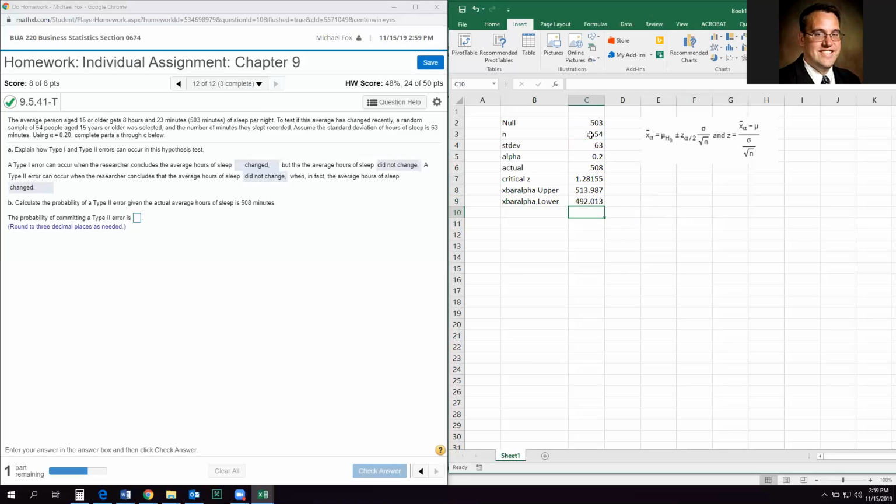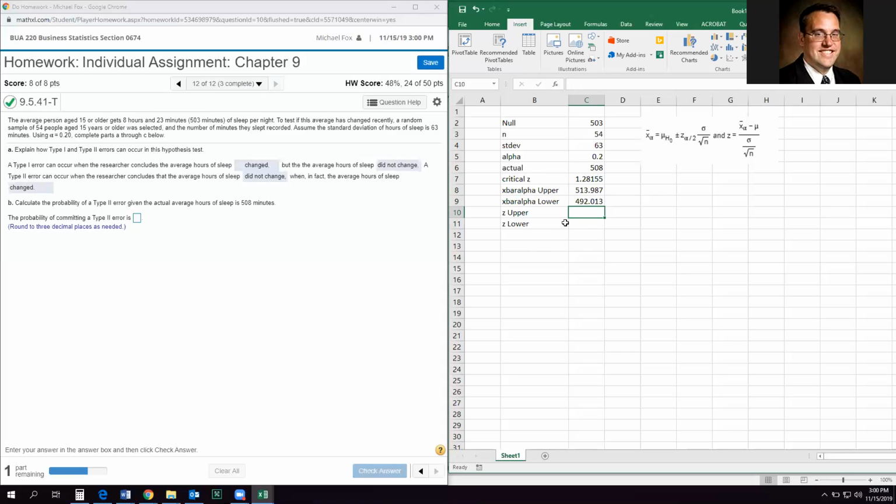All right. So once we find our x bar alpha upper and lower, now we have to find the z's of the actual given these points. So I'm just going to call it Z upper and Z lower. So that's this formula right here, the formula for the Z-score.